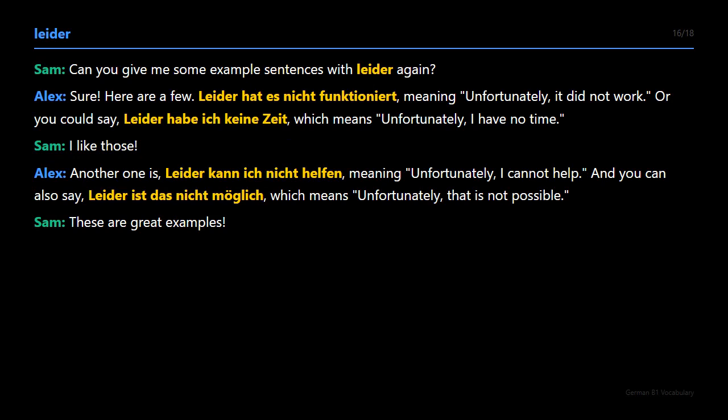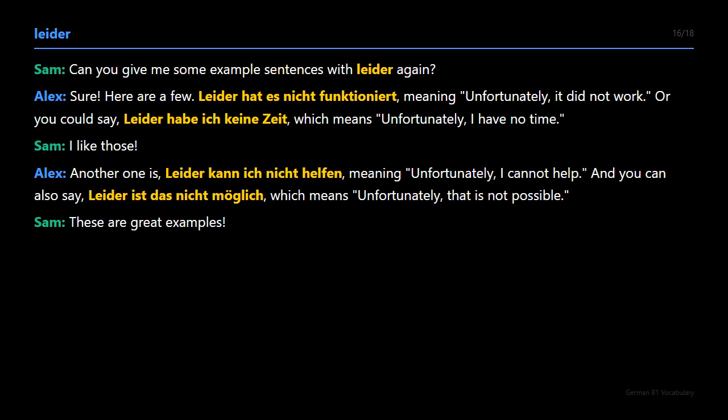Sure. Here are a few. "Leider hat es nicht funktioniert," meaning "unfortunately, it did not work." Or you could say, "Leider habe ich keine Zeit," which means "unfortunately, I have no time."